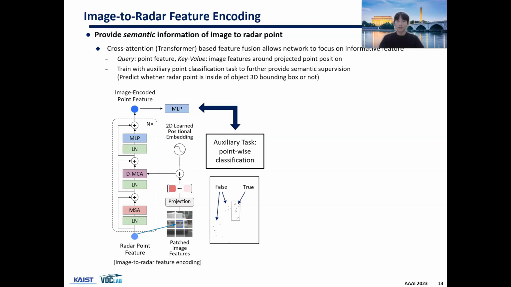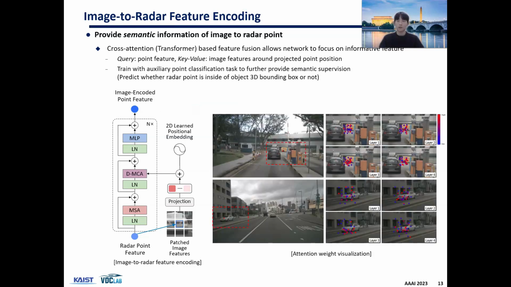By doing this, the module becomes better able to distinguish which radar points are from the object, which we have to utilize more, and which points belong to the background, which is not informative for fusion and we have to ignore. We visualize the attention weights of the deformable cross-attention layer here. As can be seen, the attention module puts more weight around the object center than the background as the layer goes deeper.